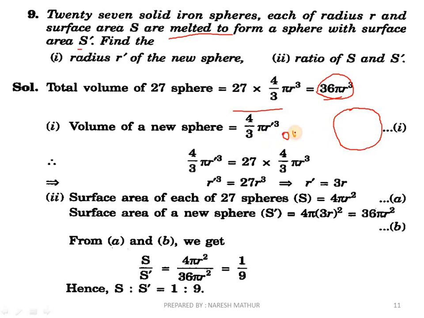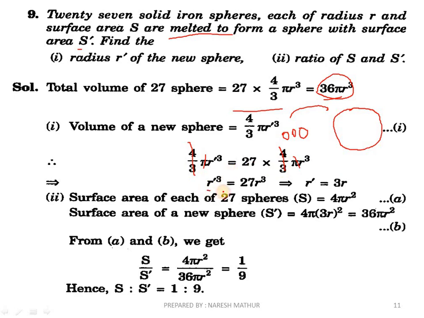Suppose we have smaller 27 spheres and they all are melted to form the bigger one. So the volume of these 27 small spheres will equal the volume of the bigger one. So we can equate it directly with 4/3 pi r dash cube. Simply, pi will be cancelled out with this pi, 4/3 will be cancelled out with this 4/3.